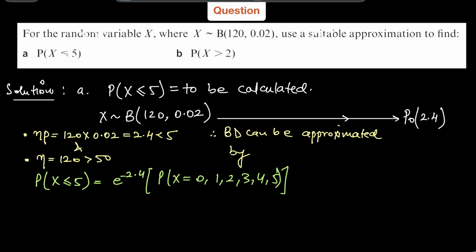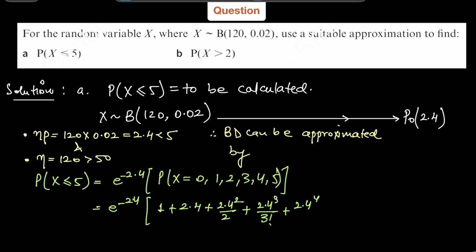So I will write it right over here: e raised to the power minus 2.4 times the bracket 1 plus 2.4 plus 2.4 squared over 2 factorial, 2.4 raised to the power 3 over 3 factorial, 2.4 raised to the power 4 over 4 factorial, and the last one as 2.4 raised to the power 5 over 5 factorial.